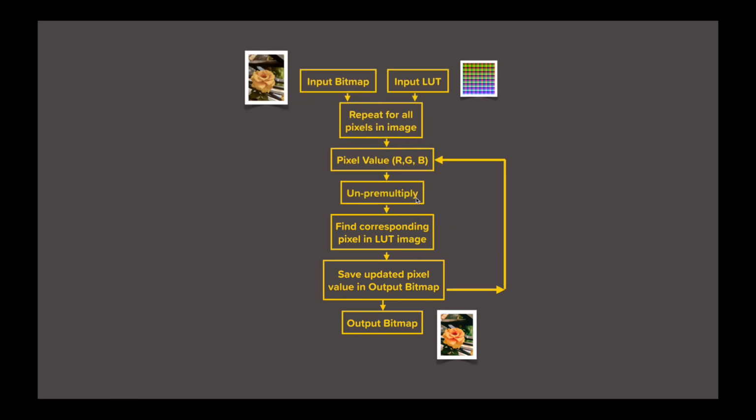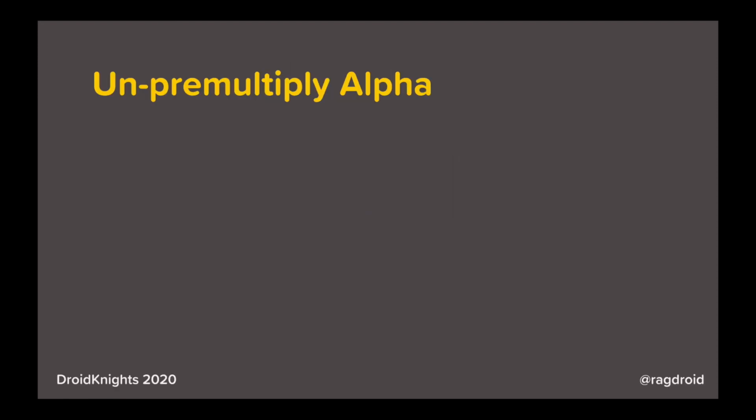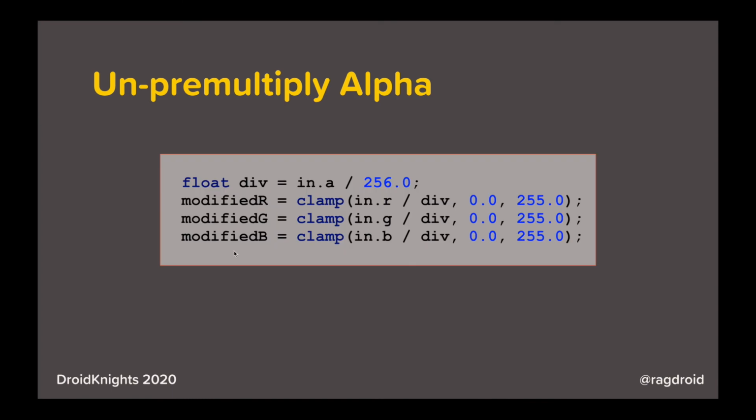What we need to do is add an unpre-multiply step. After we get an RGB value in our pipeline, we do something called unpre-multiply, and then find the corresponding pixel in the lookup table. How can we do that? It is not too difficult.